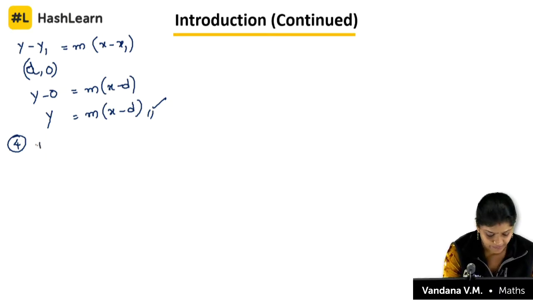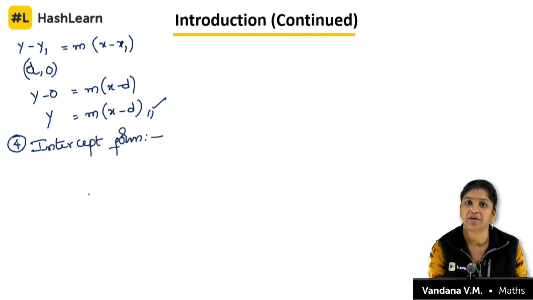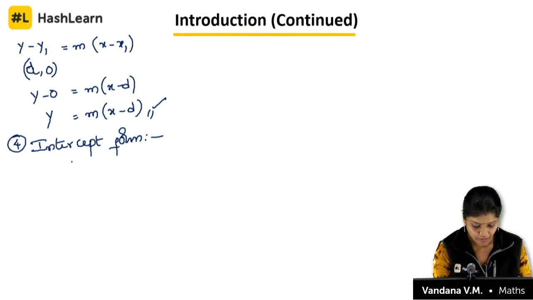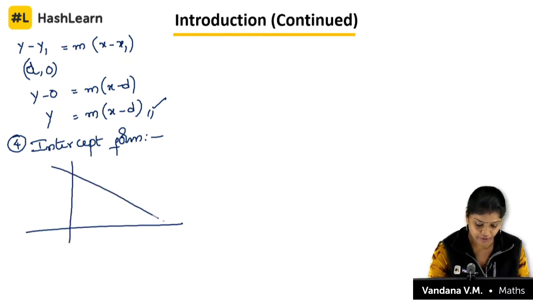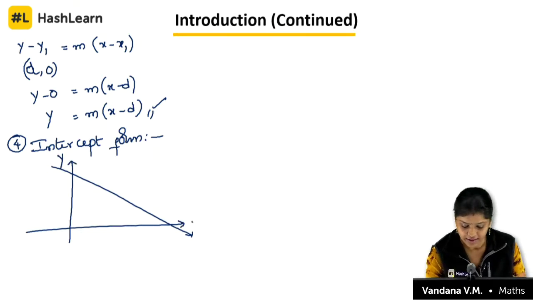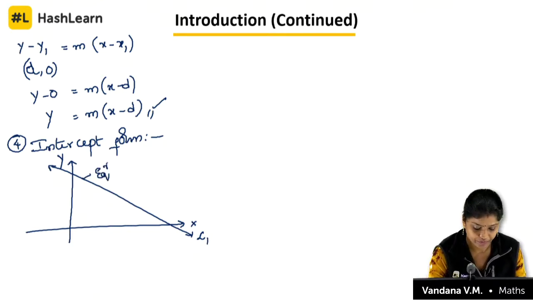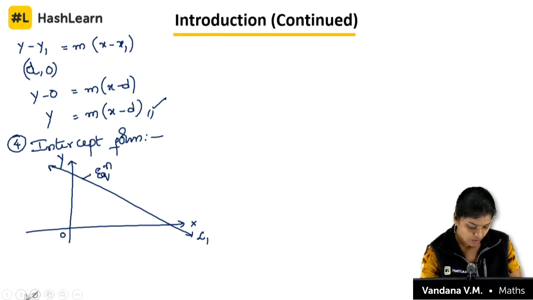Next format is intercept form. Here, I will give you both the intercepts. Both the intercepts means I will give you like this. This is y-axis, this is x-axis, this is the line. I have to find out this equation. Okay. Now, let me give the x-intercept.